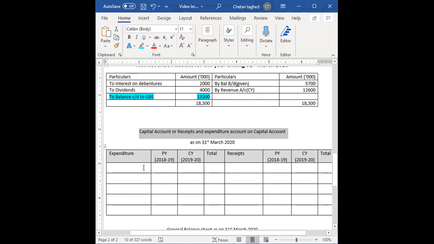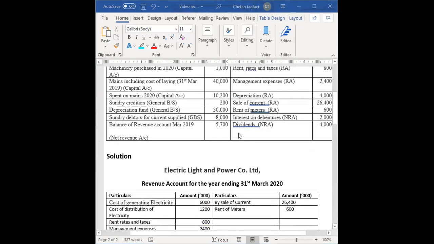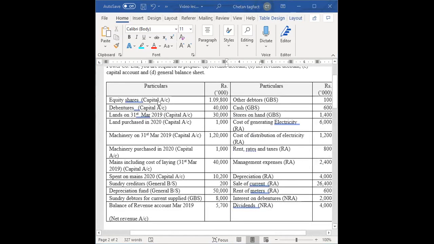So first let us see what are the receipts that we have taken during the year. What are the receipts made during the year? So first, if you look into the problem, we have equity shares and debentures. These are the two forms of capital through which you have generated the funds.